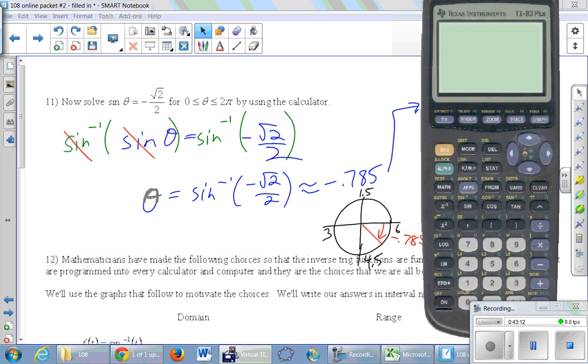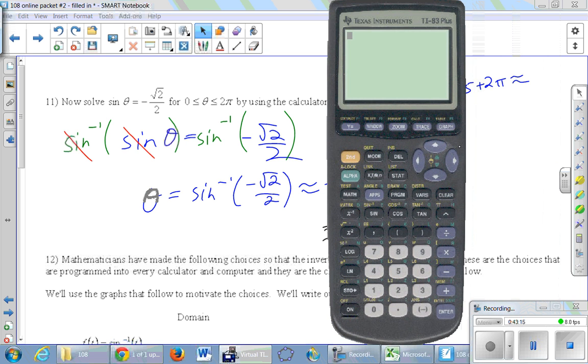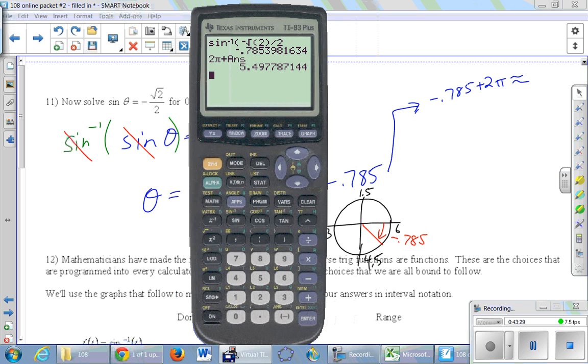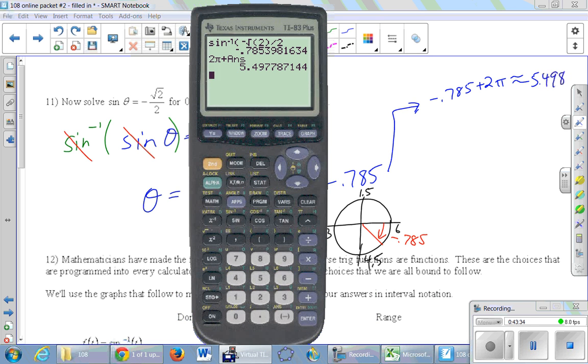Let's actually clear this and retype that so we have as much accuracy as possible. Okay, so we had that one, and then we're adding 2 pi to it to give us the positive version. So about 5.498. Okay, so that's one answer.